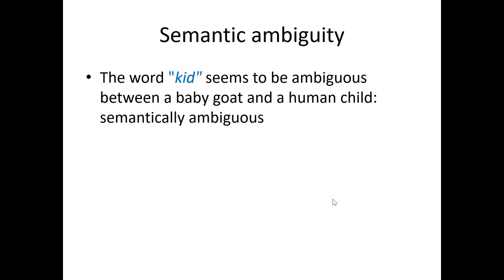The next type of ambiguity could be the semantic ambiguity, where a word has different meanings. Like kid seems to be ambiguous between a baby goat and a human child. So they are semantically ambiguous, and if you don't know the context, how will you classify whom I'm talking about when I'm saying kid?